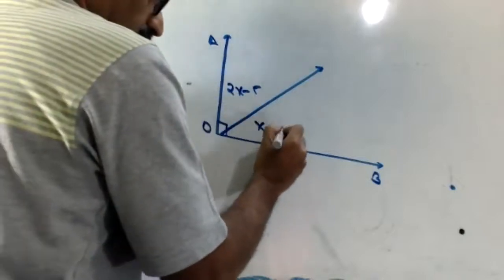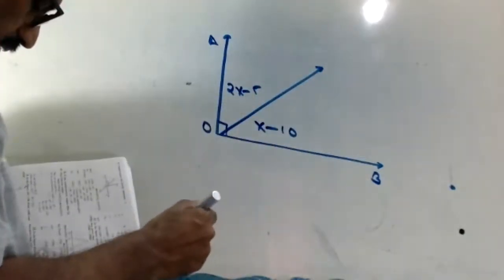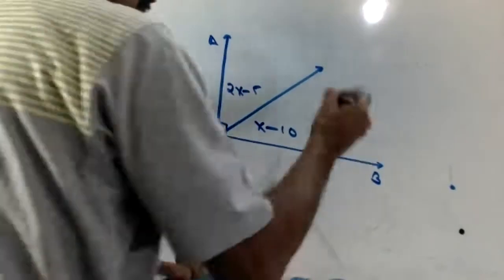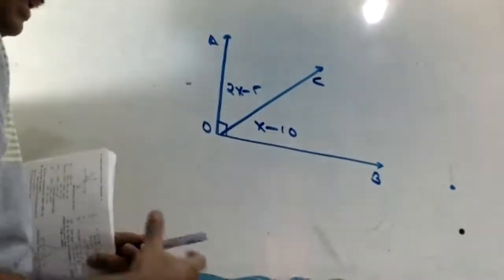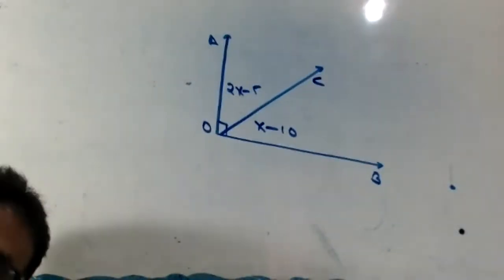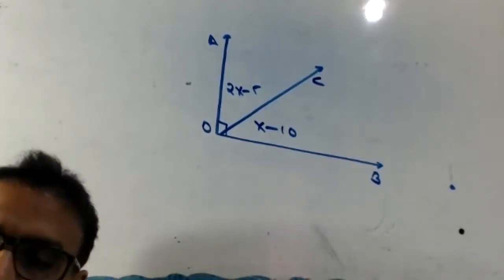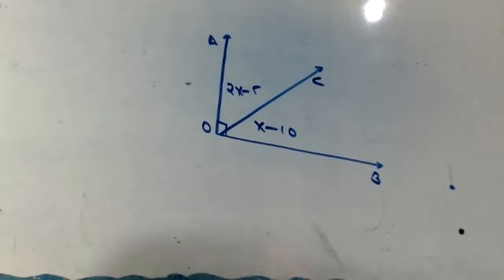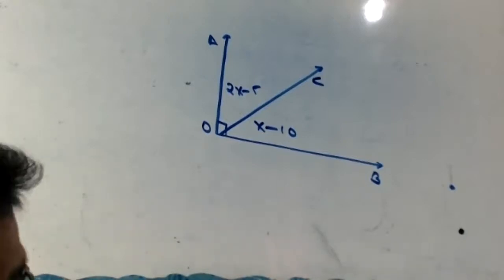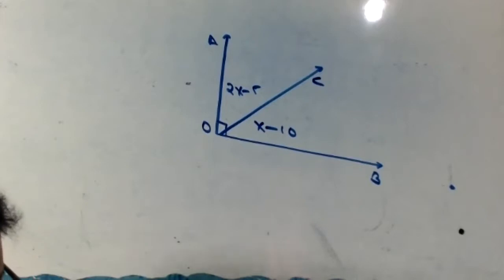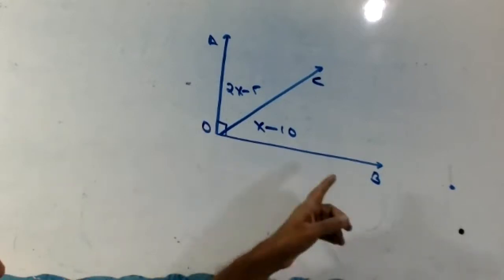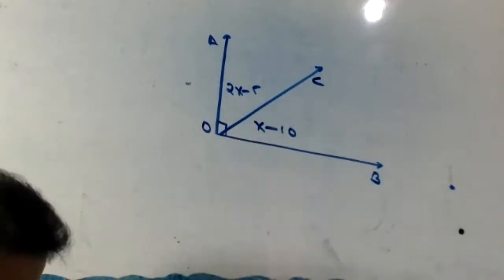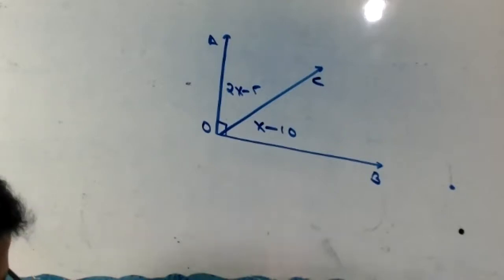This is x minus 10. Find angle AOC and BOC. Okay, try now.